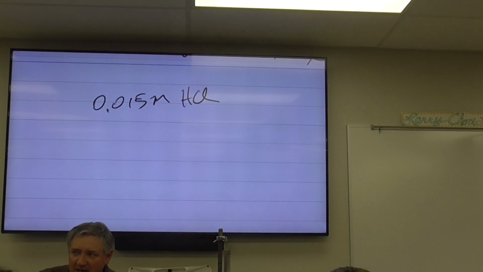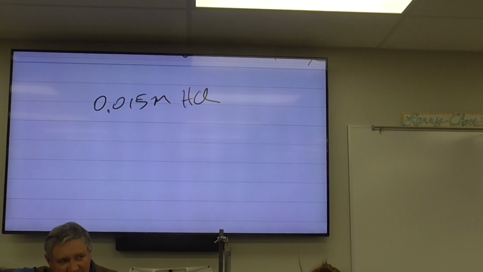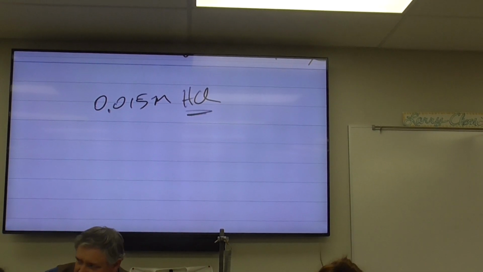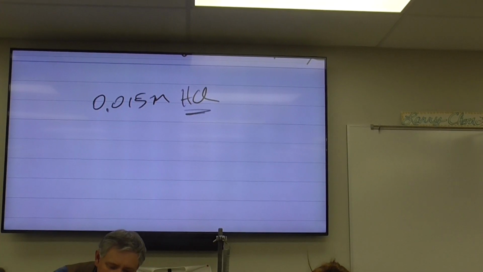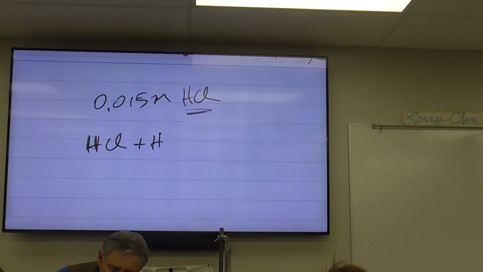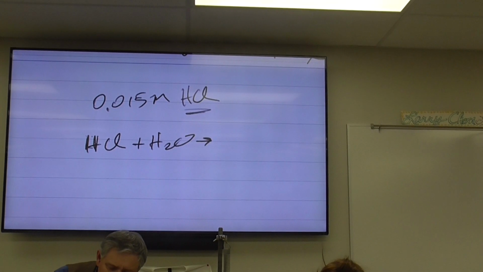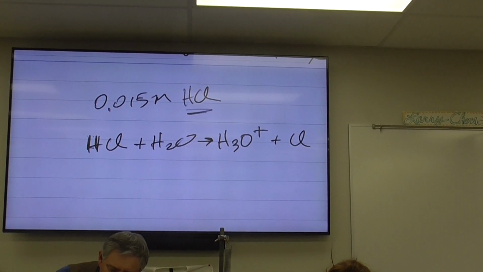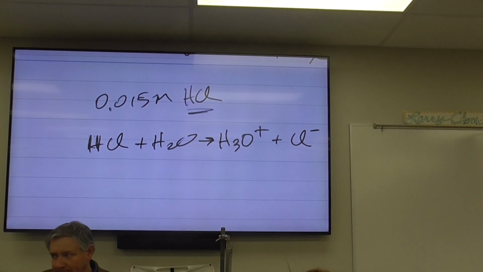So I'm going to spend a little bit of time with this because this will pay off dividends later on. Because this is a strong acid, what happens is when you put hydrochloric acid in water, technically what it forms is something called a hydronium ion and a chloride ion, okay?